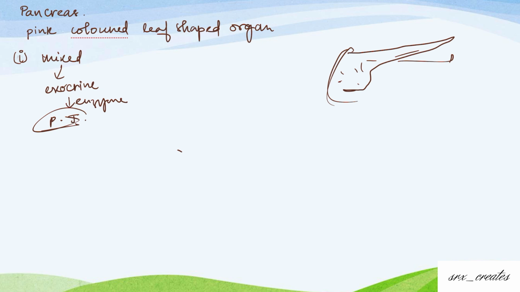This digestive juice has enzymes for digestion. Means this exocrine gland secretes a juice, and this juice contains enzymes. If you are going to write this properly, it's a juice rich in enzymes.